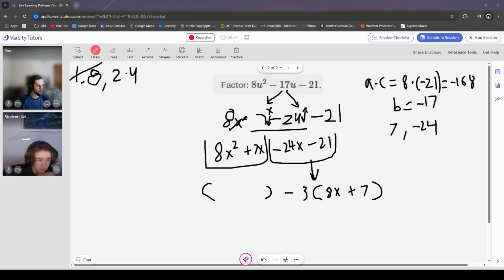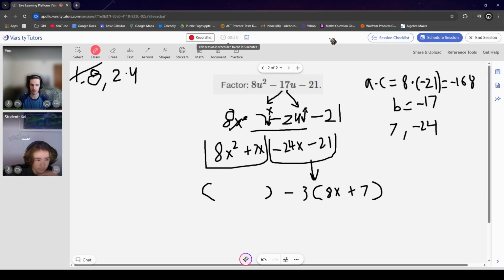So remember, with greatest common factoring, we're just trying to see if these numbers share anything in common, if any of their multiples are in common. So what does 7 split into? I don't really know.